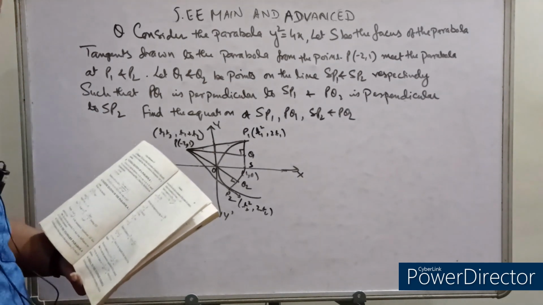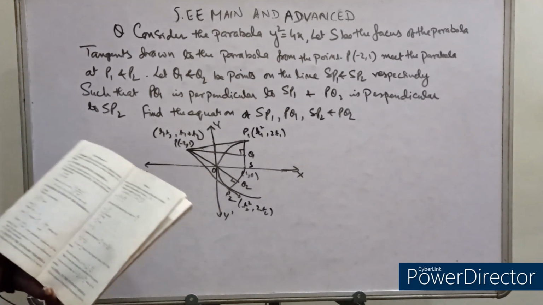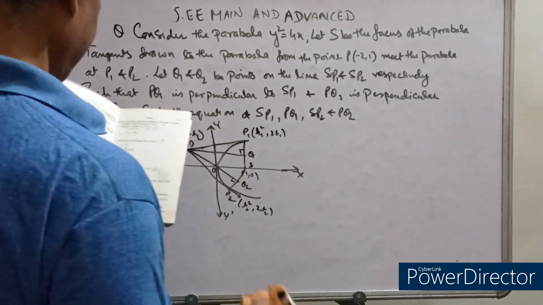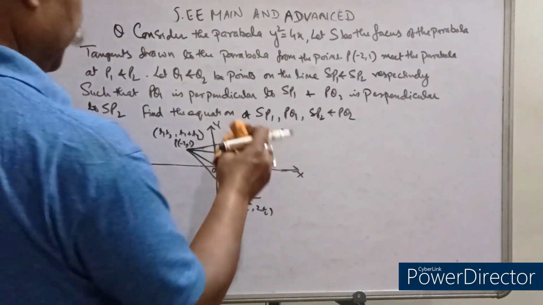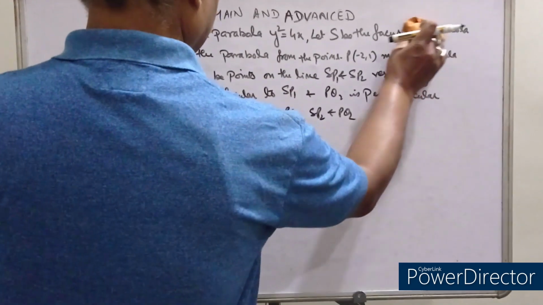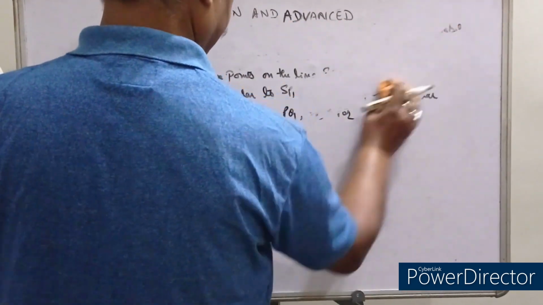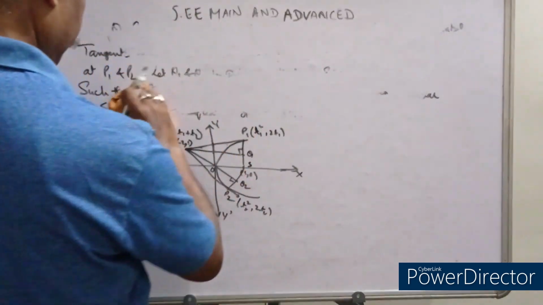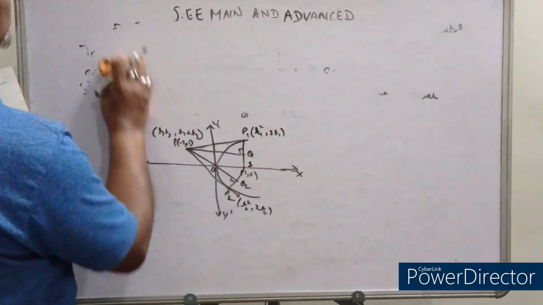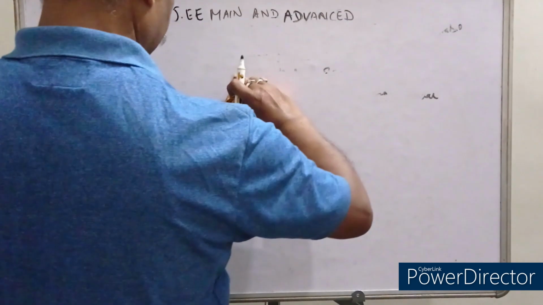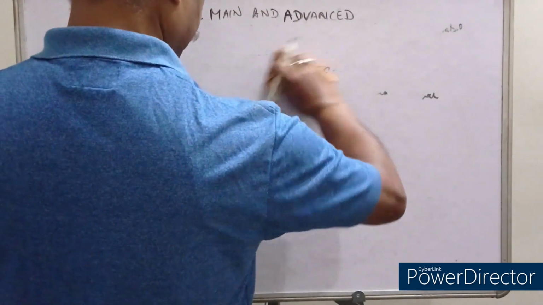So here, first of all, this is your graph. I am rubbing this out. This is your graph.